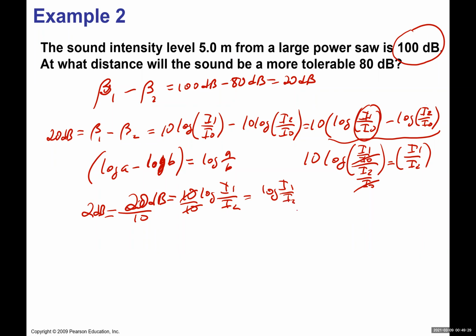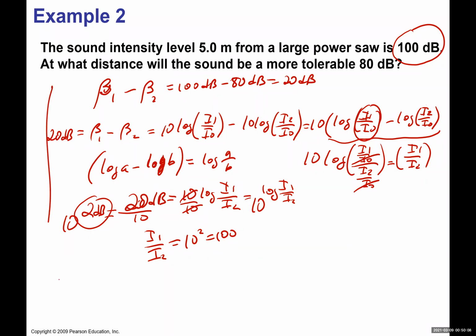Then rearrange to get I1 over I2. Take the power of 10, so this becomes the exponent for my power of 10. Base 10, so I1 over I2 is equal to 10 squared, which is 100.